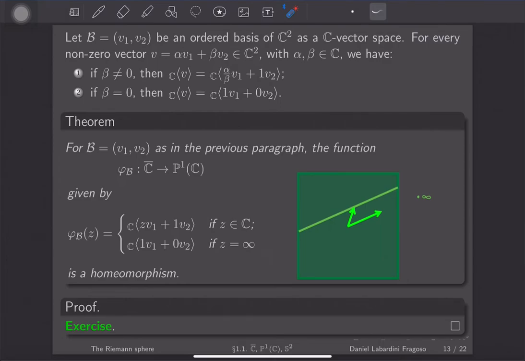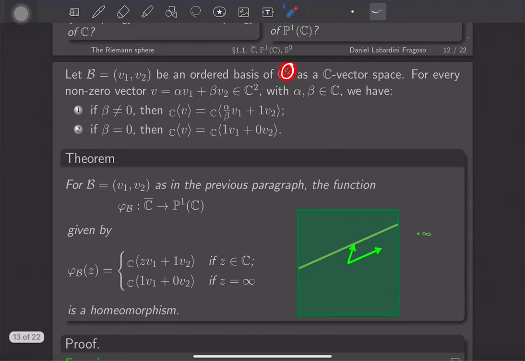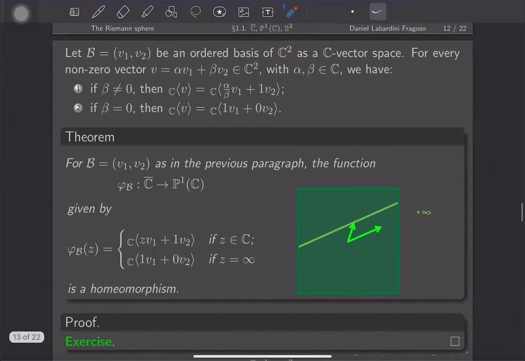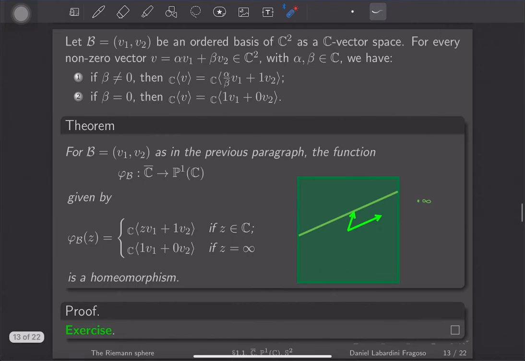It should be something one-dimensional, so there should be only one parameter somewhere instead of these two parameters. Anyway, that's what I'm going to do now, to describe the points in the complex projective line in more concrete ways. For that, take an ordered basis of C2.